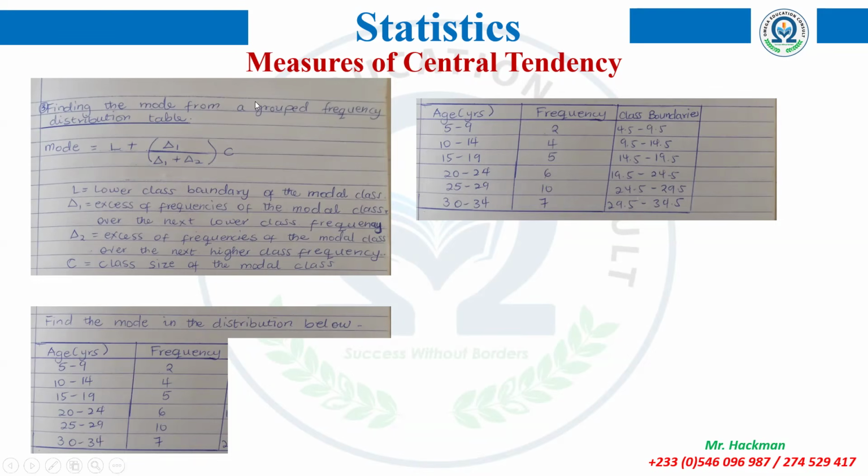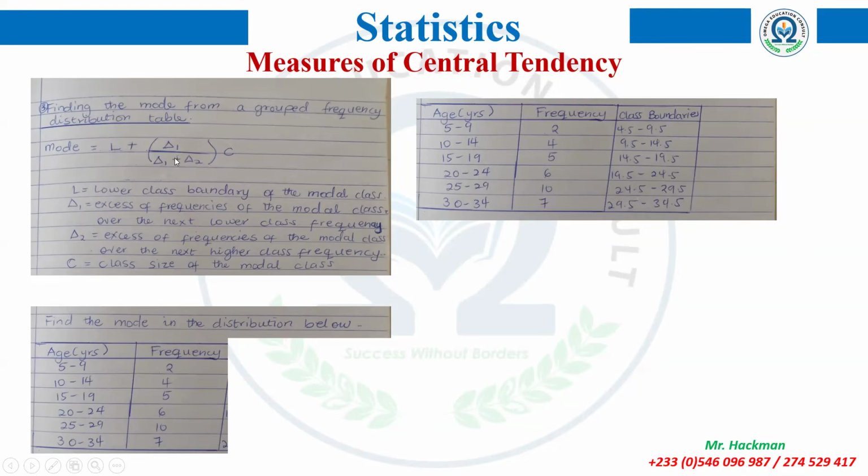Okay, so just ask before you do it. So this formula is very easy for you to relate. Here, I'm defining all the parameters. Mode is equal to L plus delta sub 1 over delta sub 1 plus delta sub 2, times C. Those of you who are econ students will know that in econs we use delta to represent change.